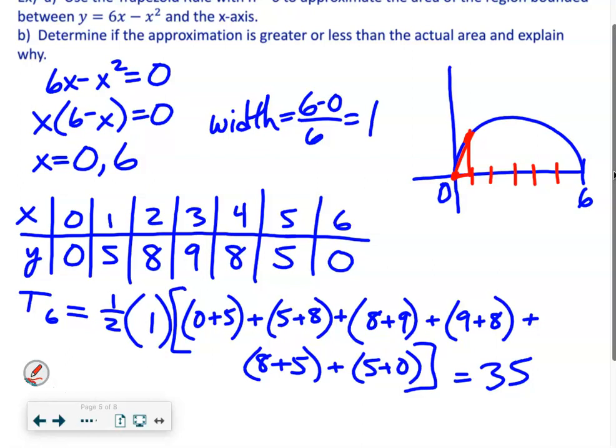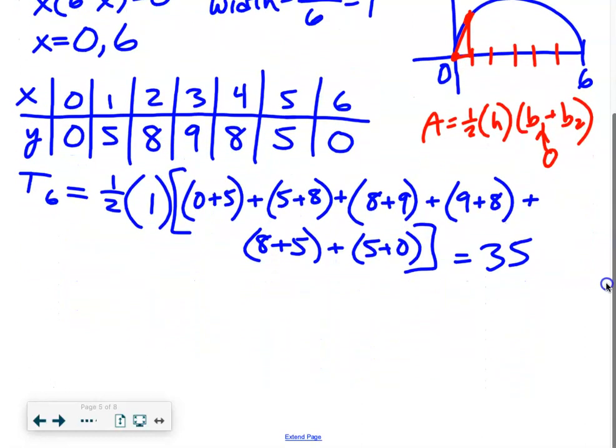But all triangles are trapezoids with one of the bases being 0. Because the area of a trapezoid is 1/2 times the height times the sum of the bases, if one of the bases is 0, you just have 1/2 base times height. So a triangle is just a trapezoid with a base of 0. It's okay if you have a triangle. All triangles are really trapezoids. Okay. All right.